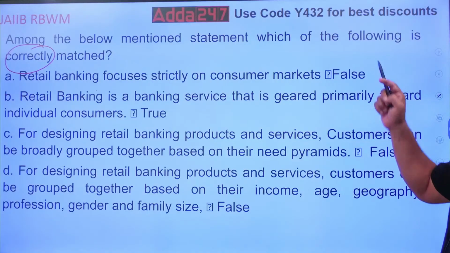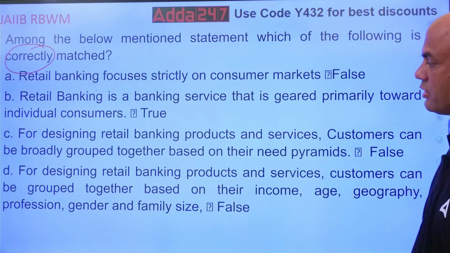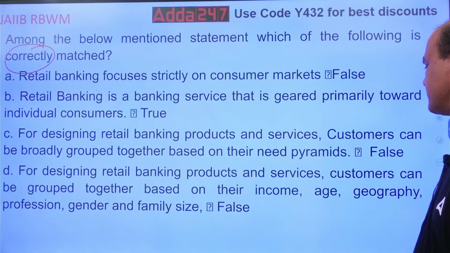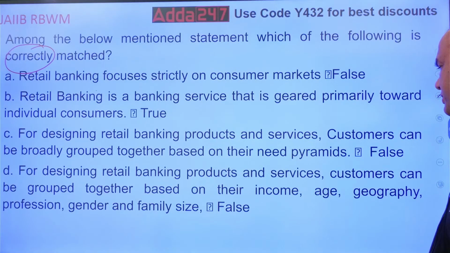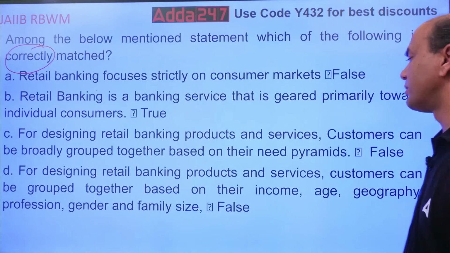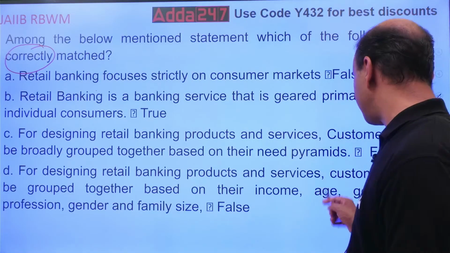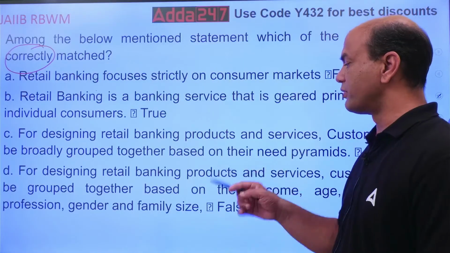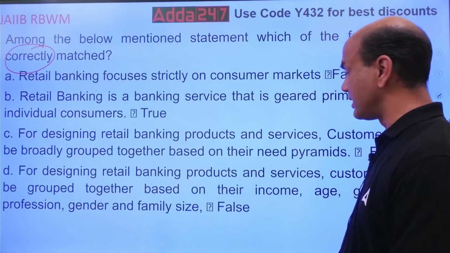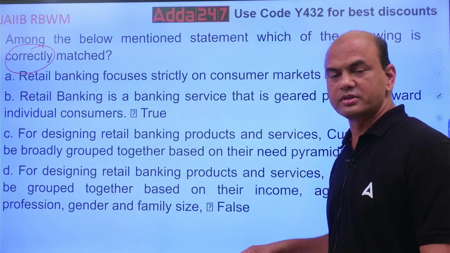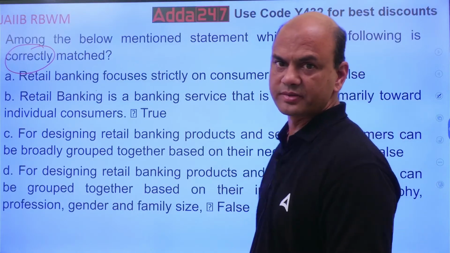What do you want? Correctly matched. For designing retail banking products and services, D1. Now we are reading D1. Customers can be grouped together based on their income, age, geography, profession, gender and family size. And the option is false. Matching is false. This answer is false.